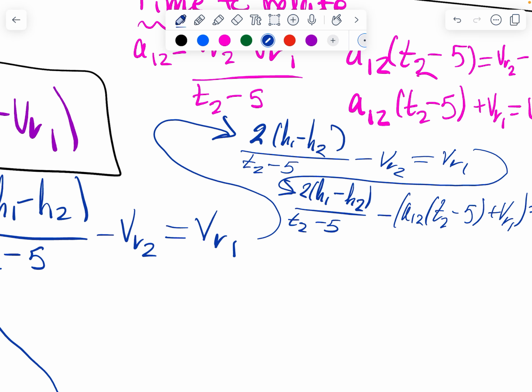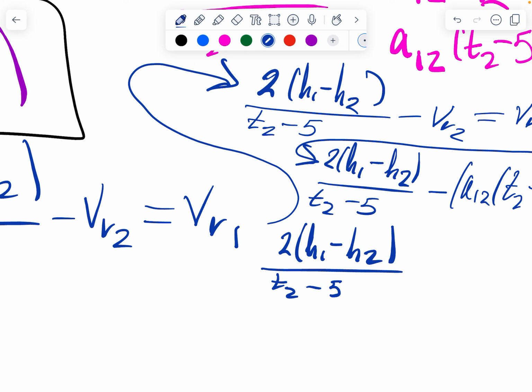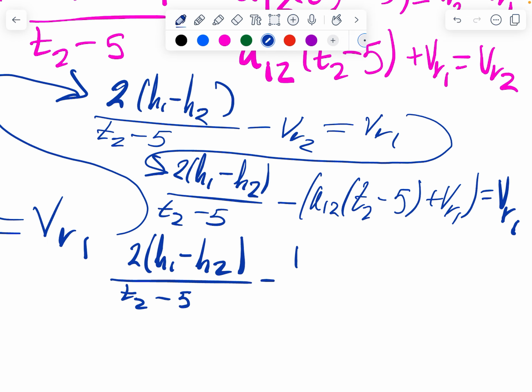So let's do that. What we're going to have here is 2H1 minus H2 over T2 minus 5, T2 minus 5 minus 1.